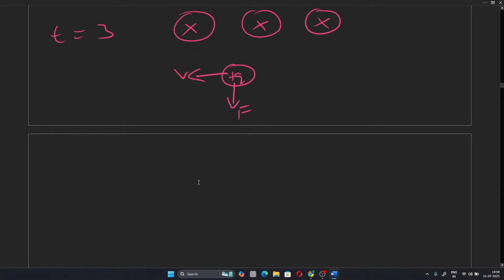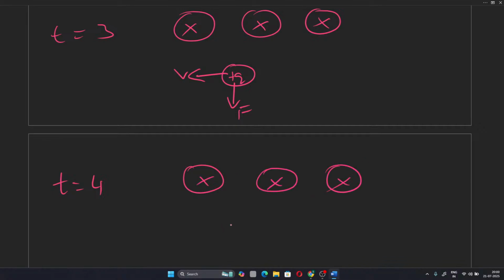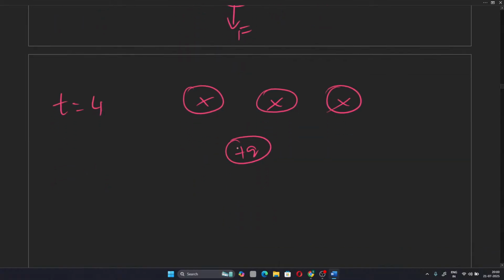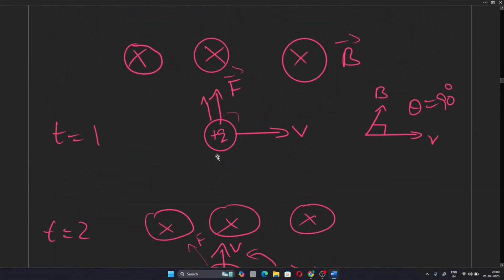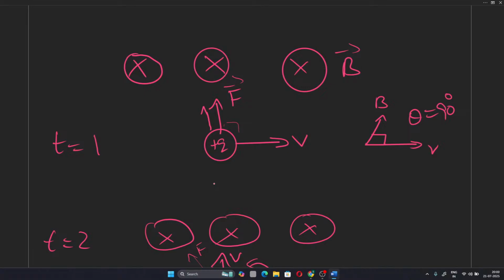This is the third instant. Now let's go to t equals 4. Due to the force, the particle has changed its direction of velocity to this side, so again the force will be acting towards this side. This will be a cycle, going back to the t equals 1 instant, where the force will be acting this side and velocity will be this side.